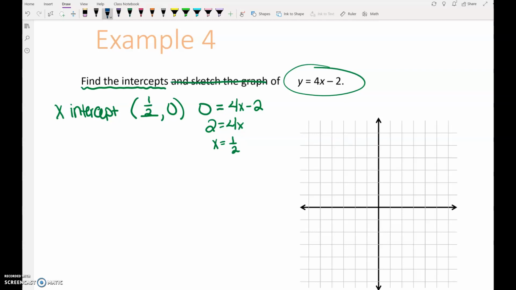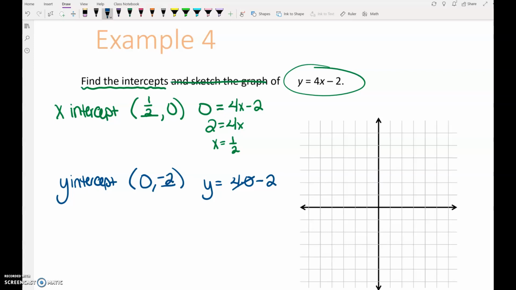The y-intercept, honestly, this one is written in slope-intercept form, so you should be able to see the y-intercept, but you plug 0 into the other letter. So y equals 4 times 0 minus 2. 4 times 0 is 0, so y equals -2.